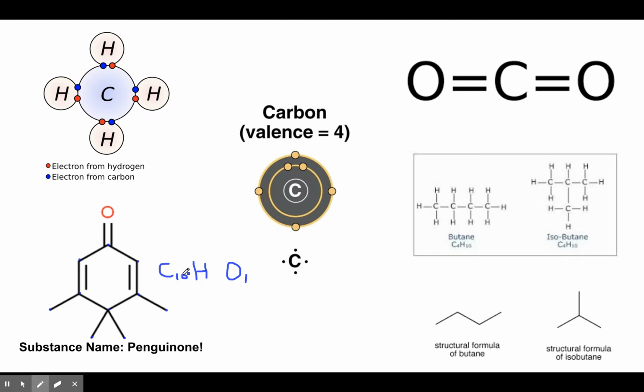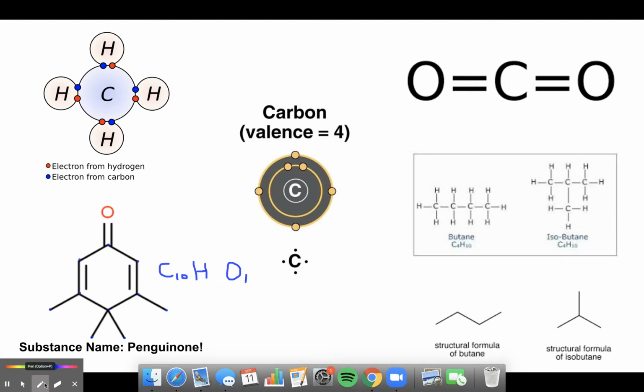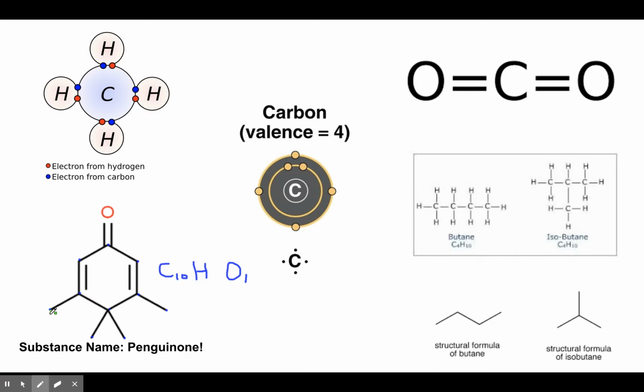Now those double lines, just like up here, they represent double covalent bonds. So we need to keep that in mind when we start counting the hydrogens. So let's start with this carbon right here. Remember that carbon has to have a total of 4 bonds to have its valence shell filled. So this carbon right here is going to be attached to 3 hydrogens.